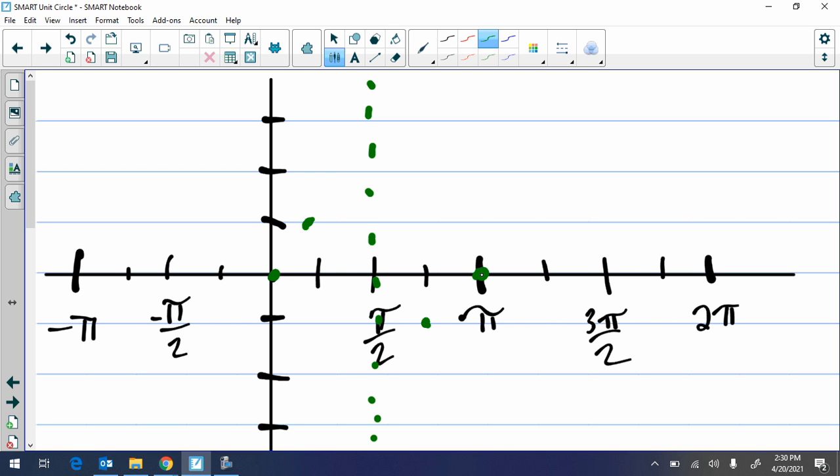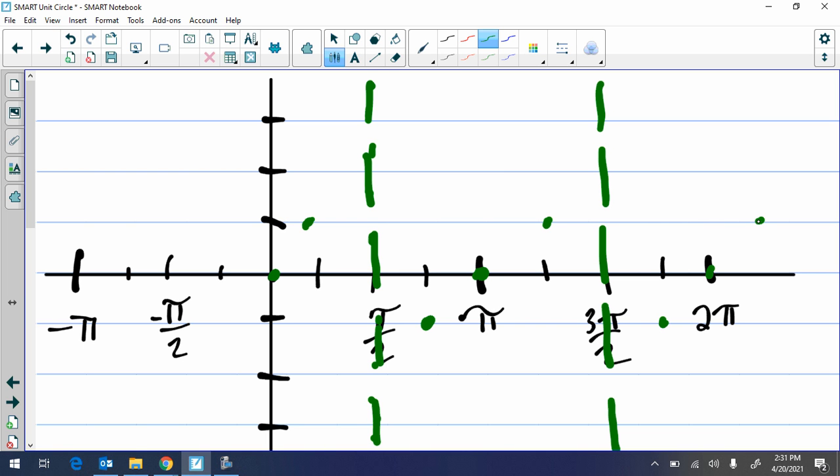And then at 5 pi over 4, it's 1. At 3 pi over 2, it's undefined. I'm going to make this one a little bit more clear. Then at 7 pi over 4, it's -1, 0. And at the next one, it would be 1.